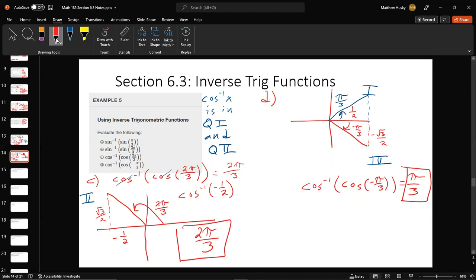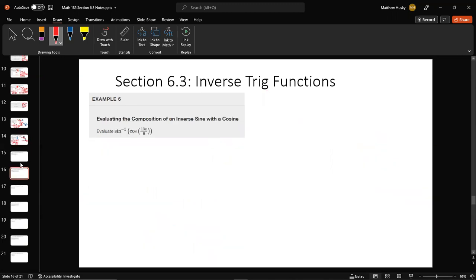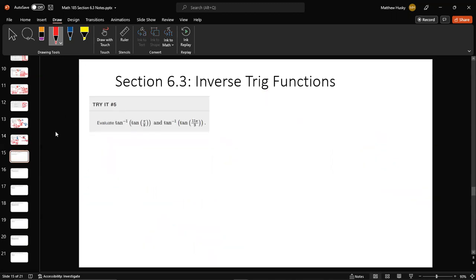All right. What else do we have going on here? Evaluate tan inverse of tangent of pi over 8 and tan inverse of tangent of 11 pi over 9.